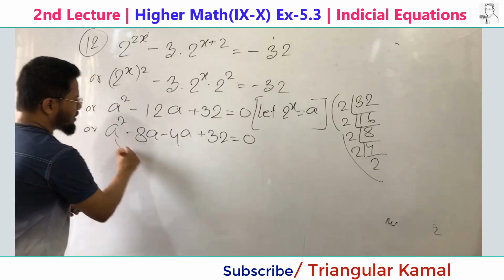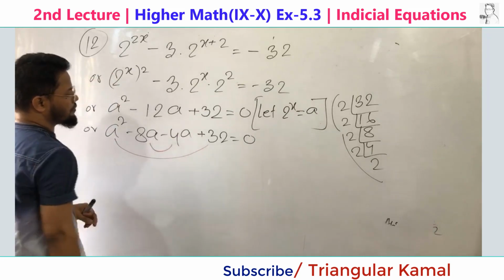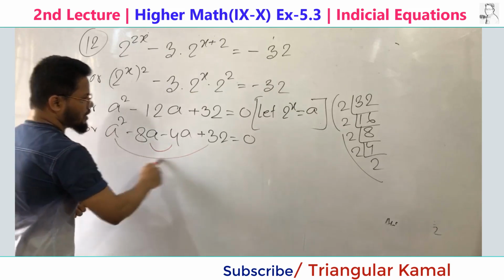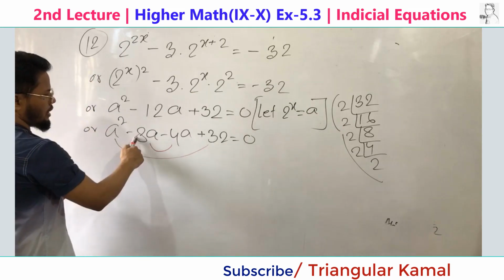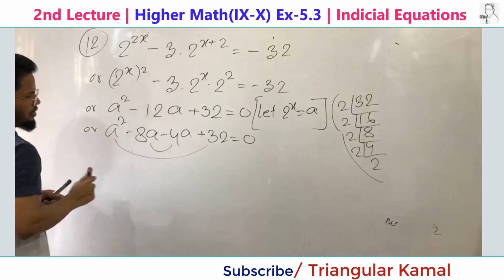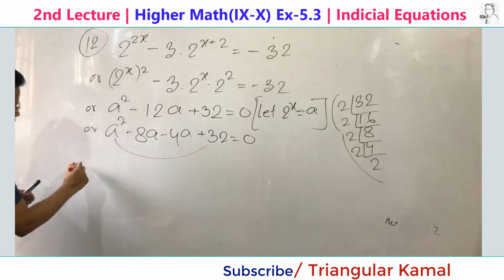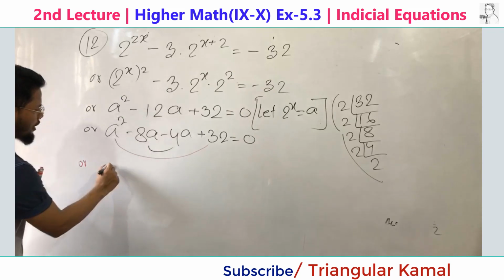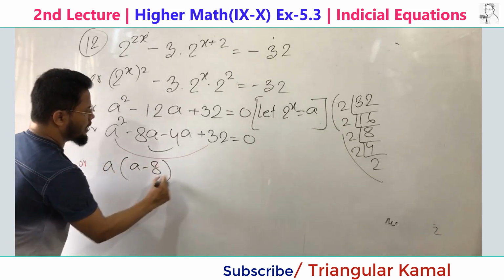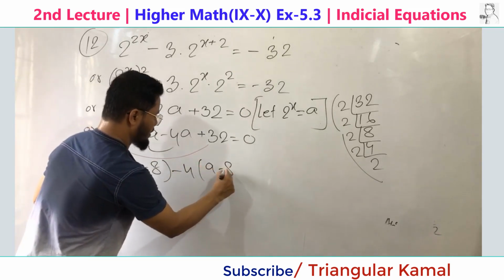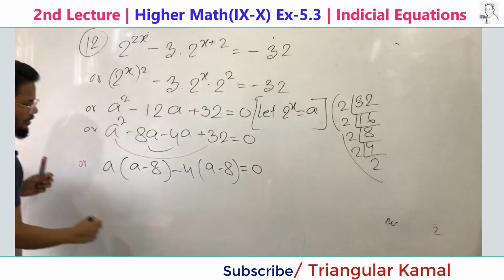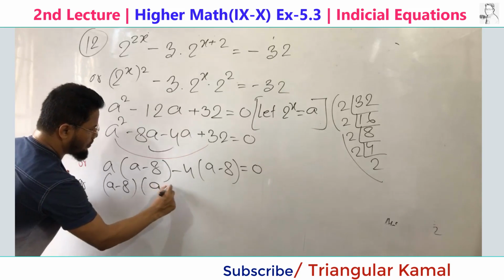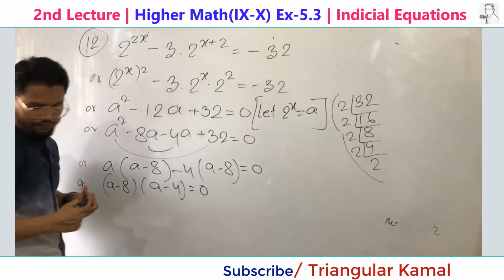This is a simple technique: multiplication of two indicial forms and multiplication of two middle forms gives 32. A simple calculation here. So now taking the common factor, a minus 8, a minus 4. First factor a minus 8, second factor a minus 4, equals 0.